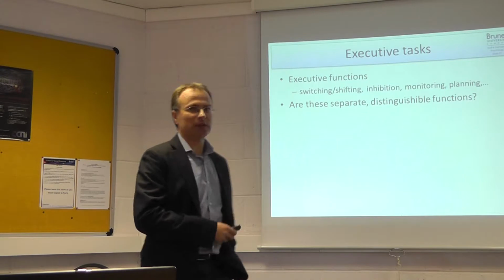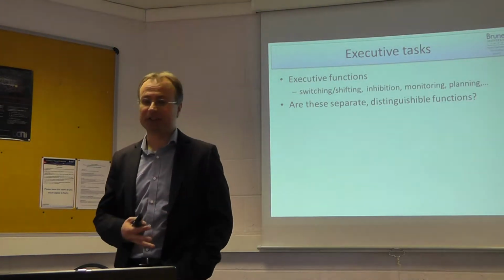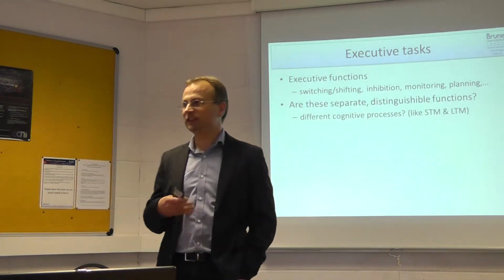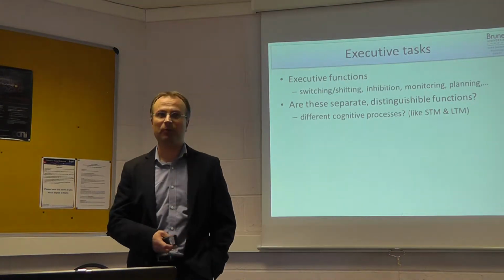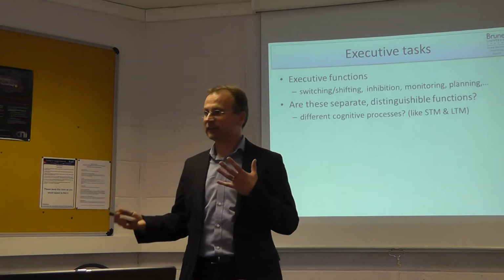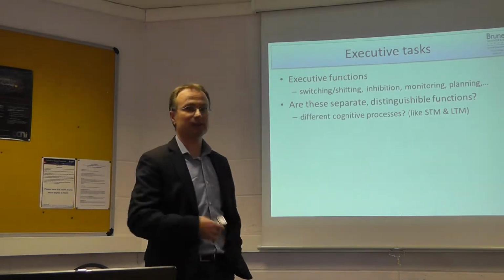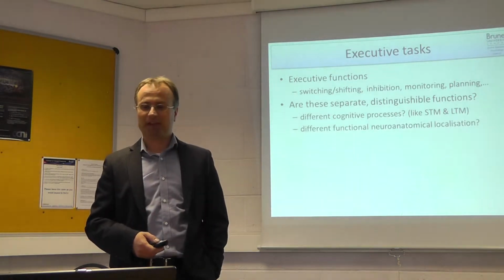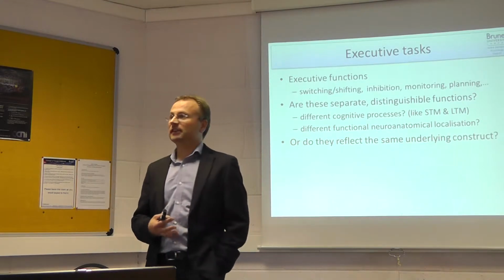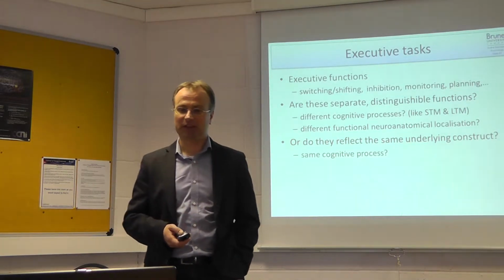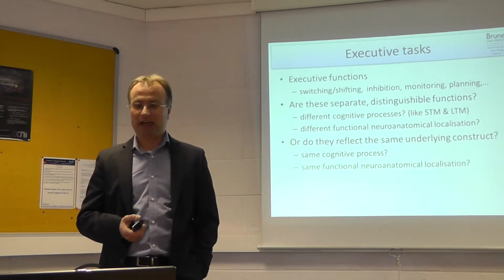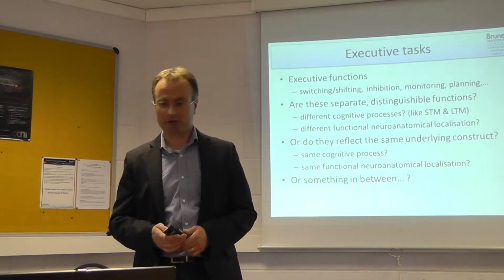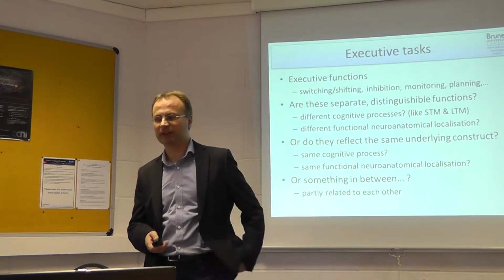The question now is whether these are separate, distinguishable functions, each representing different cognitive processes, like short-term memory and long-term memory, which are localized in different brain areas and can be affected differently by lesions, and consequently have different neuroanatomical localization. Or do they basically reflect the same underlying construct, the same cognitive process and the same localization? Or is it something in between, a bit of both, so that they are partly related to each other?